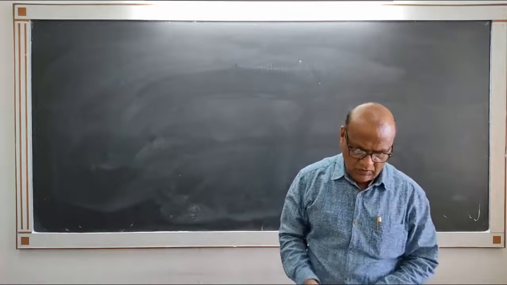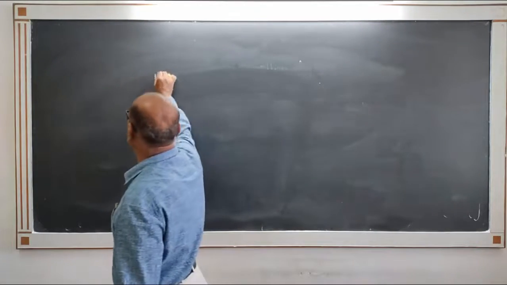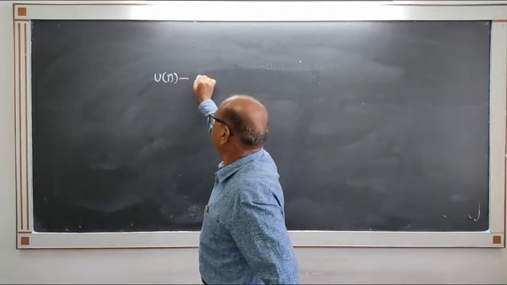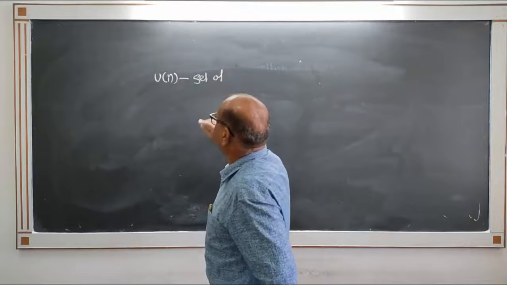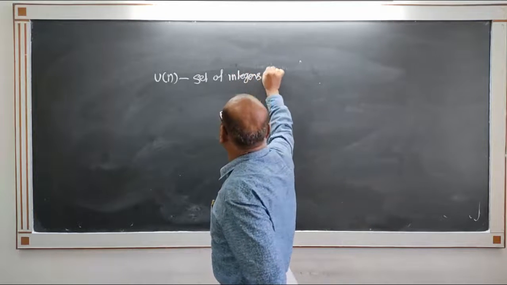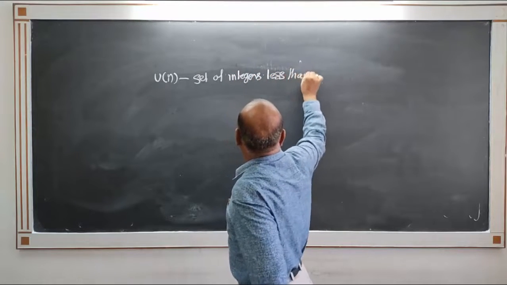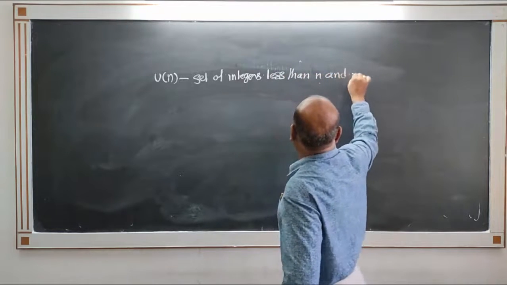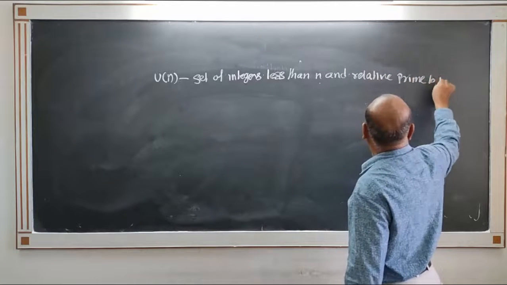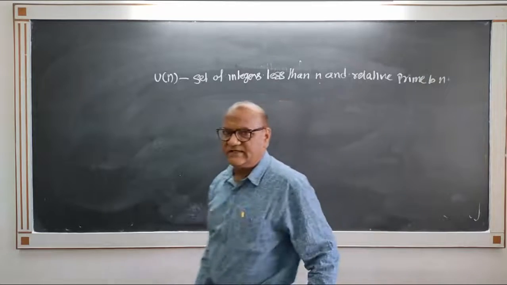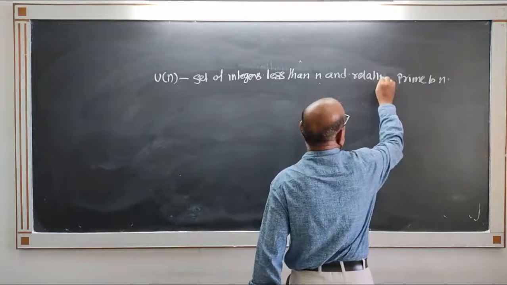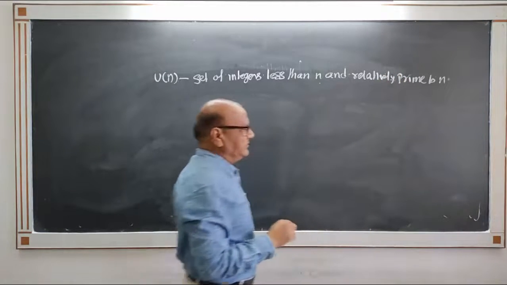Now, next example, U n. Here U n means the set of integers less than n and relatively prime to n.